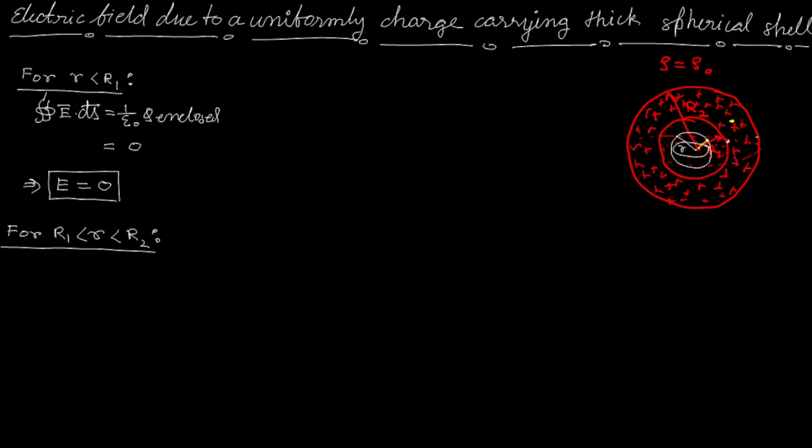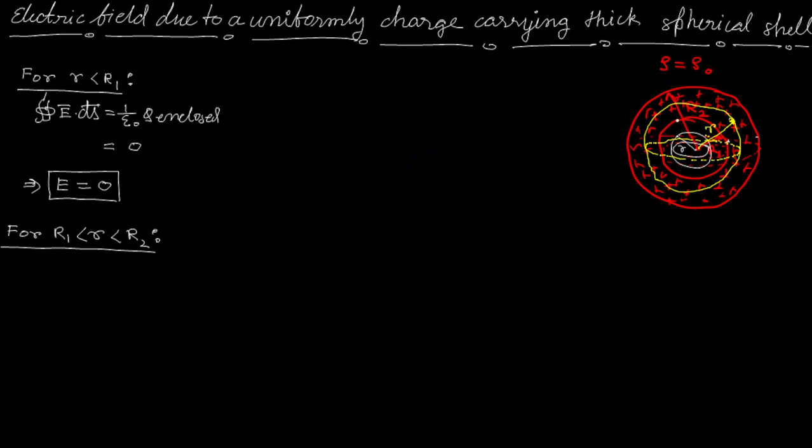Then we have to connect this point with the center of the given sphere or spherical shell, and then taking this distance as a radius, we have to draw a concentric Gaussian surface like this. So this is our Gaussian surface now.